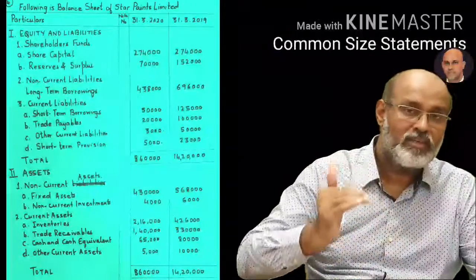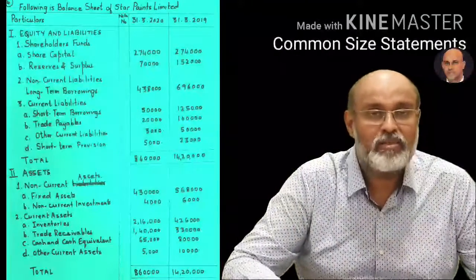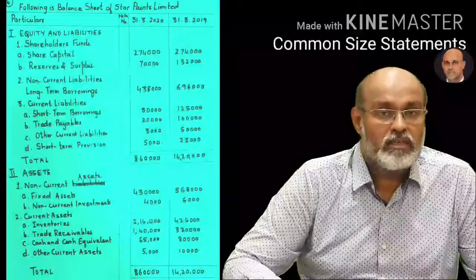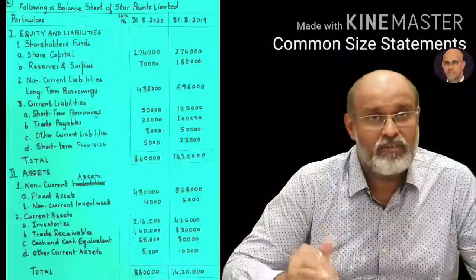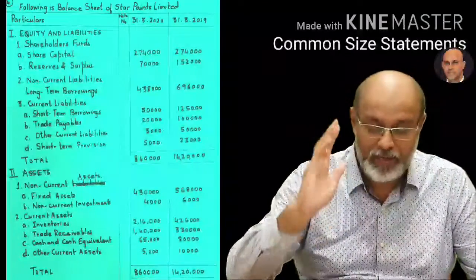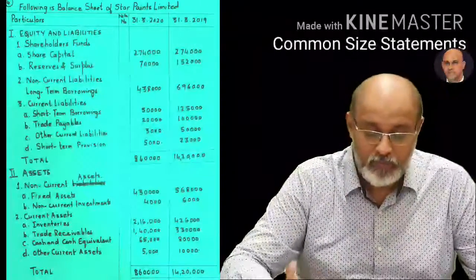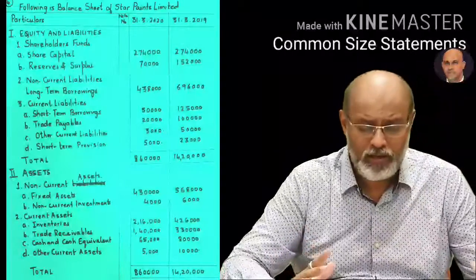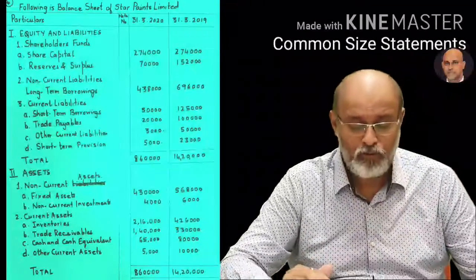After that, we will go to the trade receivables. The trade receivables is 3,30,000. 3,30,000 divided by the total, that is 14,20,000, multiplied by 100 will give you 23.24%.